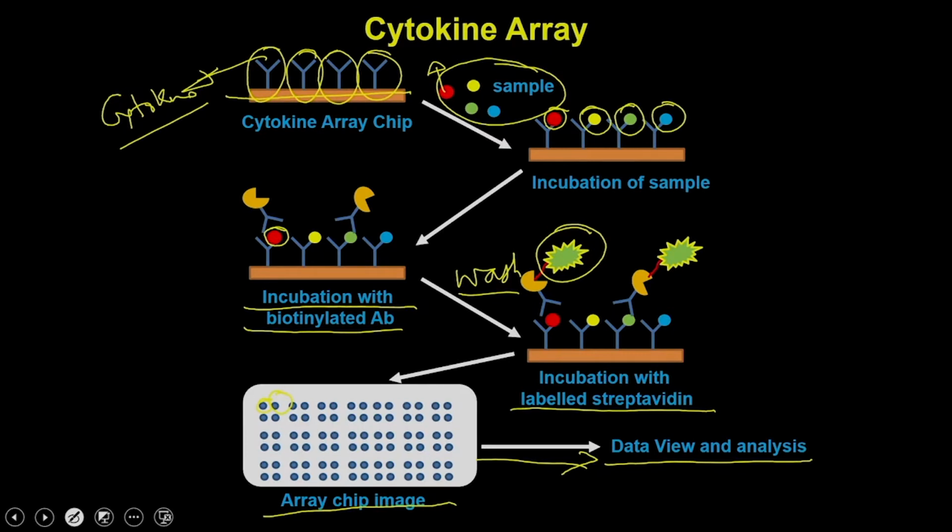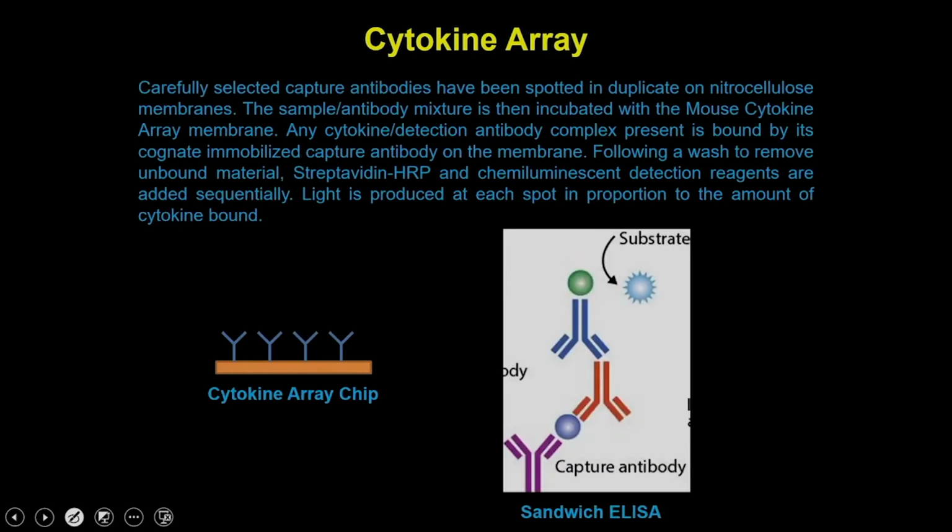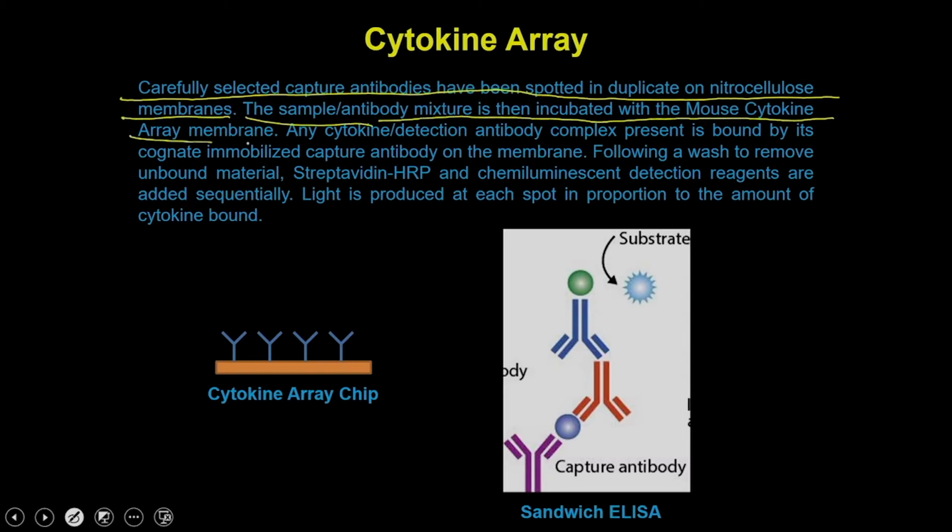So, the question comes: how is a cytokine array different from the sandwich ELISA? In the cytokine array, carefully selected capture antibodies are spotted in duplicate onto a nitrocellulose membrane. The sample or the antibody mixture is then incubated with the cytokine array membrane. Any cytokine detection complex present is bound by its cognate immobilized capture antibody on the membrane.